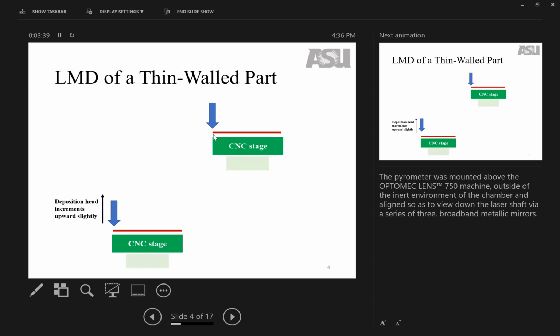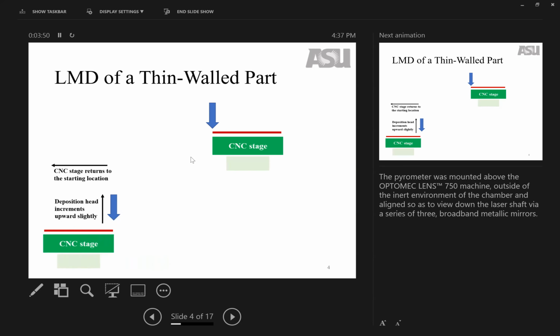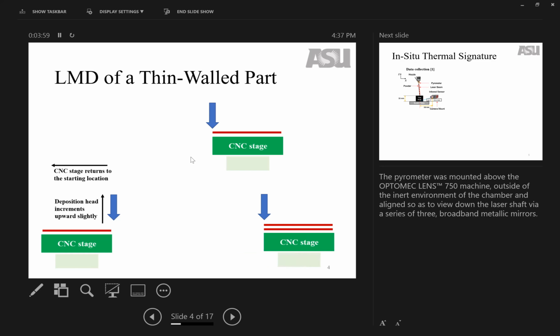Then, after the first layer is built, the laser deposition head increments upward slightly, and the CNC stage returns to its initial location. Next, the CNC stage repeats this process again with the laser deposition head constantly injecting the material powder onto the first layer. That is how the second layer is built. This whole process is continuously repeated until multiple layers are accumulated to fulfill the part dimension that is predefined by the practitioner.